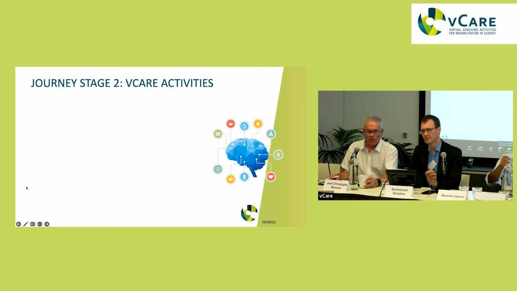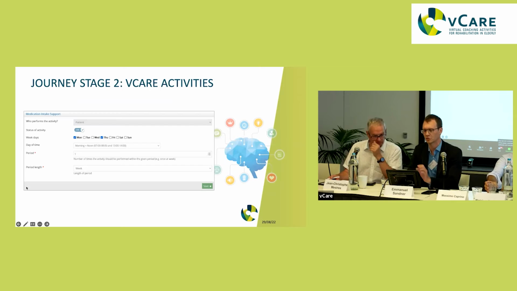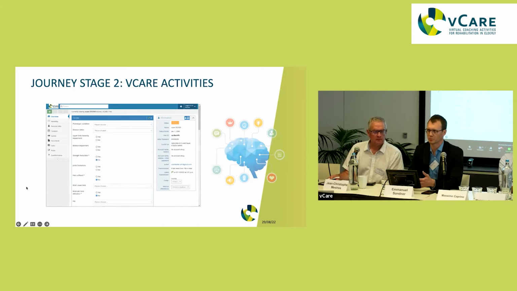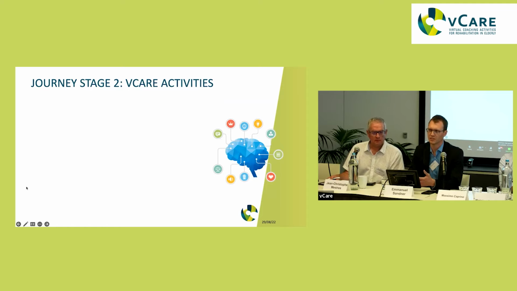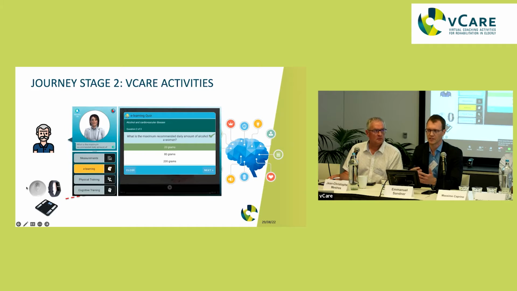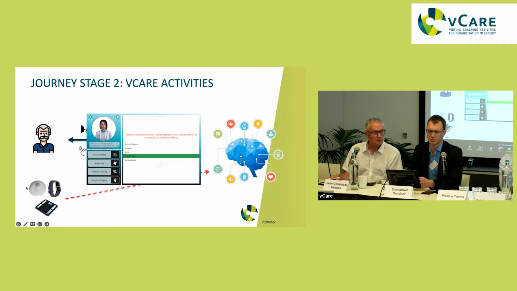Here, the previously configured pathways and care plans for the patient are now fed into the vCare system. And from that point onwards, the vCare system knows about the patient, knows about the rehabilitation schedules, knows about the activities. And at home, once everything is set up, the devices at home start sending their data to the vCare system, and the patient can start interacting with the vCare application by voice input or by touch input.